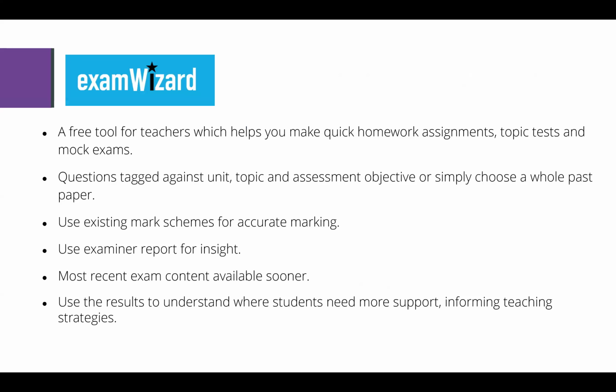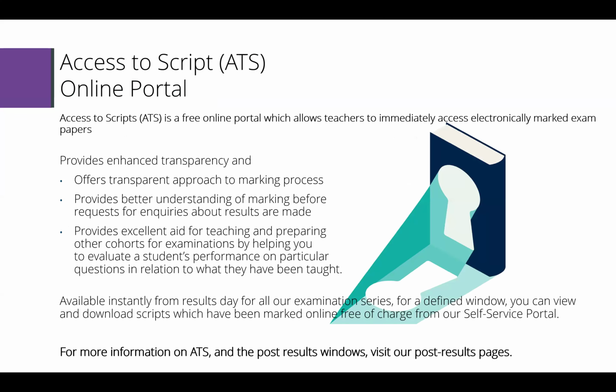And this is the information about the exam wizard, which some people say they can't access, and I've just explained how that works. Then access to scripts, they can do that very quickly online. So if you haven't done that, again, you would need to contact your exam secretary to be allowed to use this.